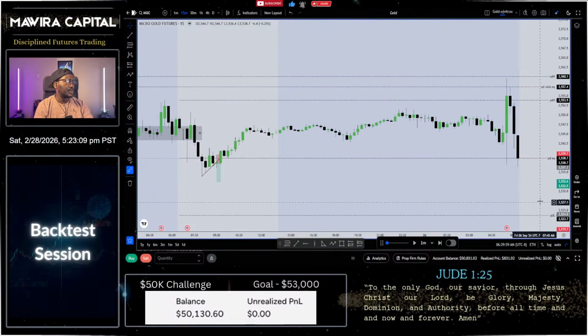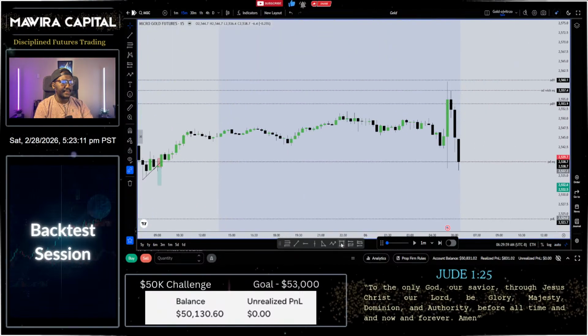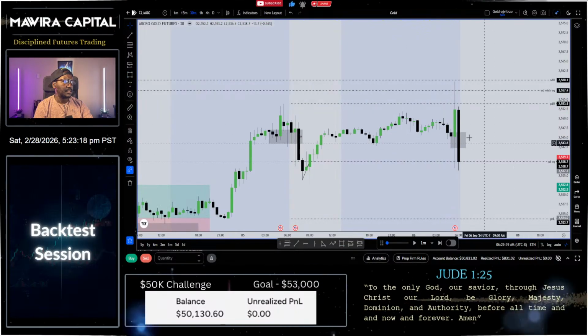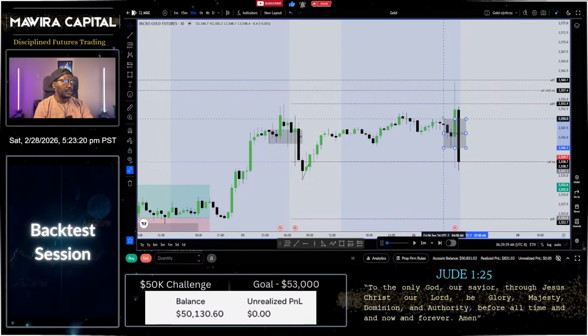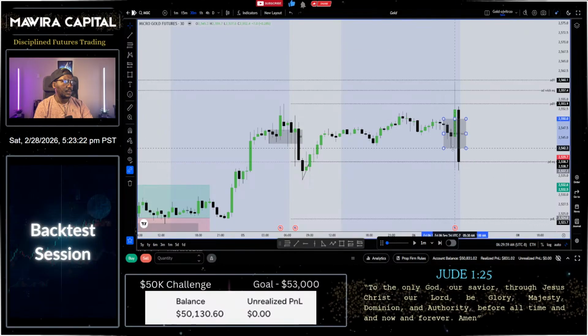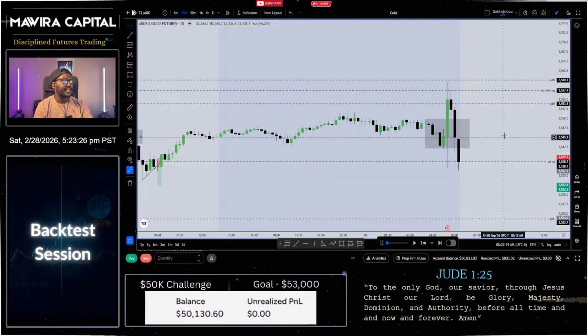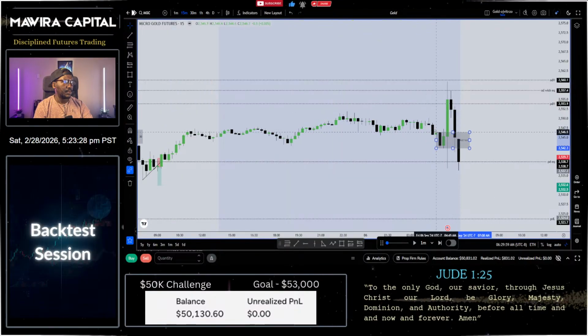We do have a zone already. I like this. Look at that 15 minute. About the 30 minute. 30 minute will be the whole of this zone. So we'll take the 15-minute one. It's more refined.